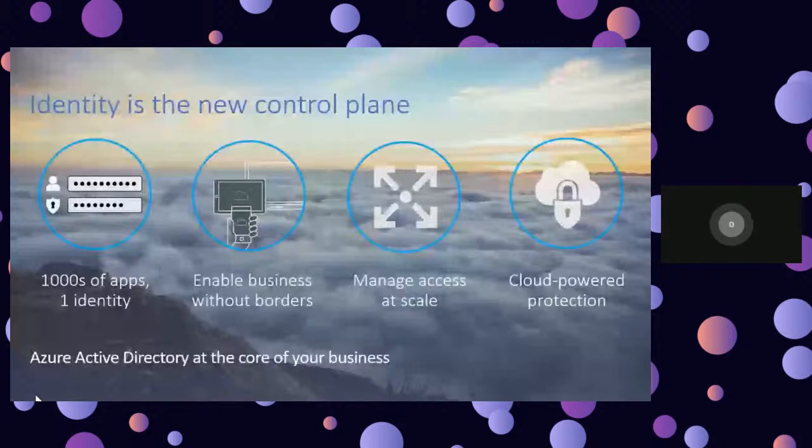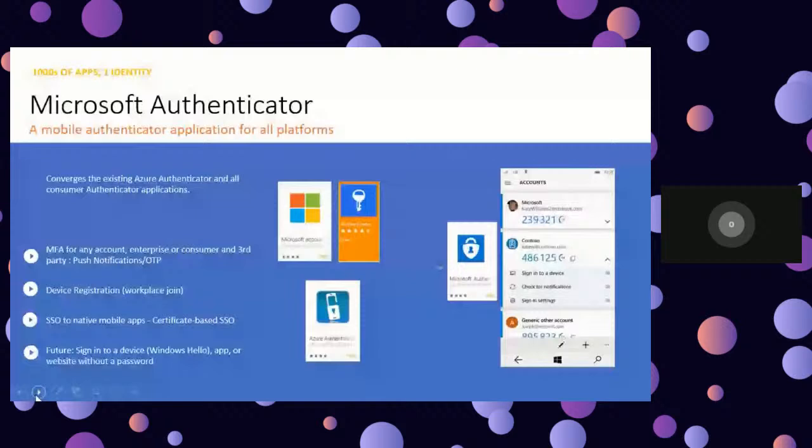With the Azure directory system, there are some concepts that have been pushed in, which I want to mention. One of them is Microsoft Authenticator. Azure Active Directory, as I said earlier, is the bedrock on which Microsoft manages the identity system.